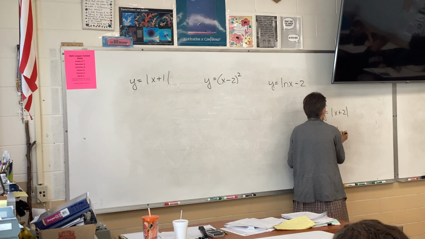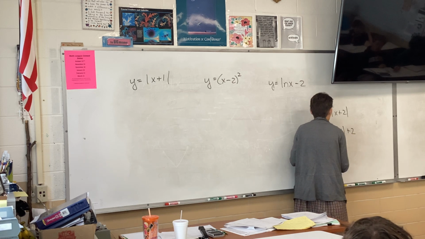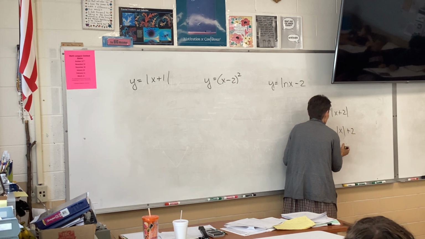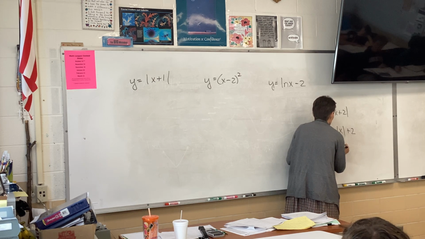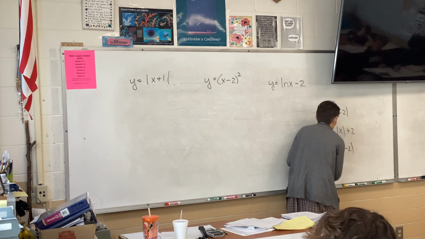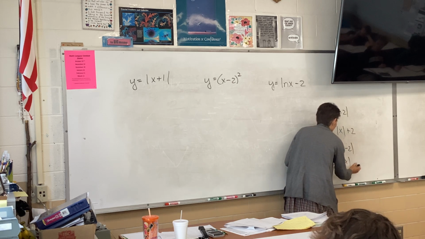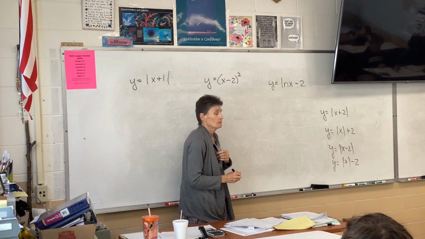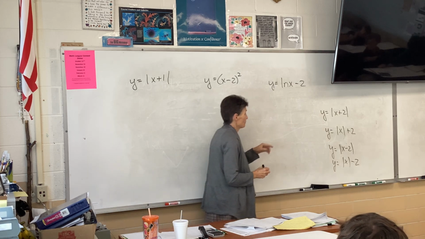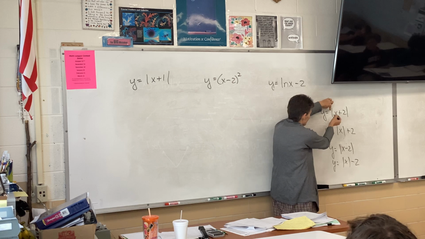There are basically 4 ways that we can change the absolute value function. Change its position. Do you see the difference between these two?